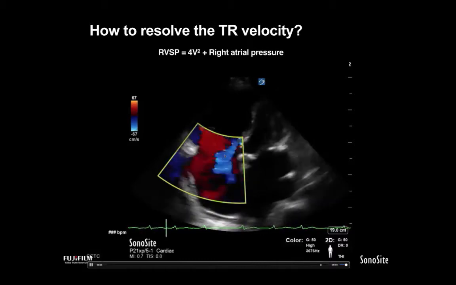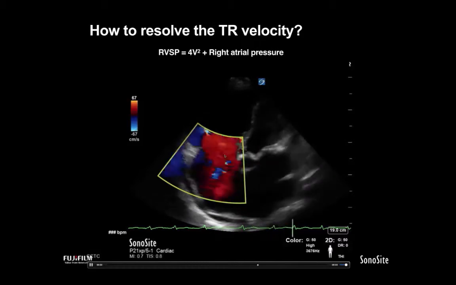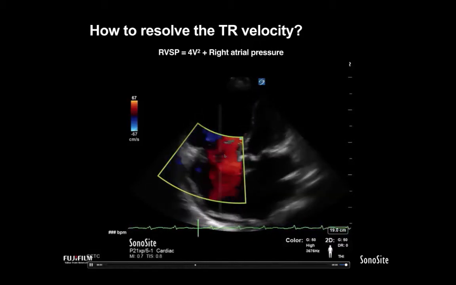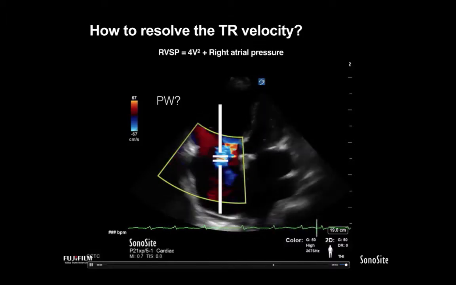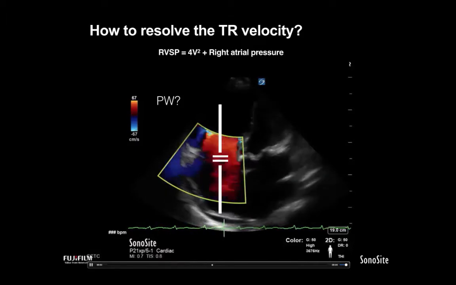You should also recall that there are two modes of spectral Doppler, pulse wave and continuous wave. So which Doppler modality should we use for this? Pulse wave would be a fair guess, of course, a 50% chance of being right.